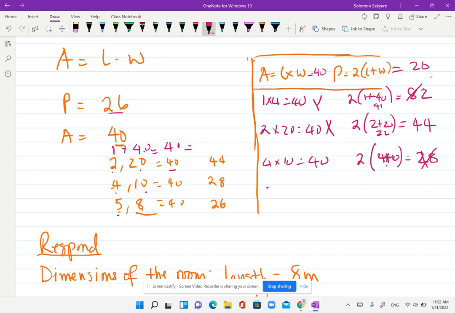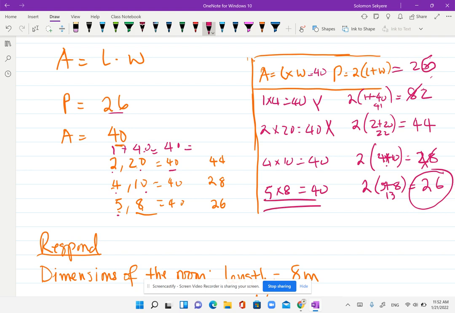Okay, finally, we have 5 times 8 is 40. And then 2 times the parentheses, what is 5 plus 8? It is 13. 2 times 13 is 26. Voila! That is what we are looking for.